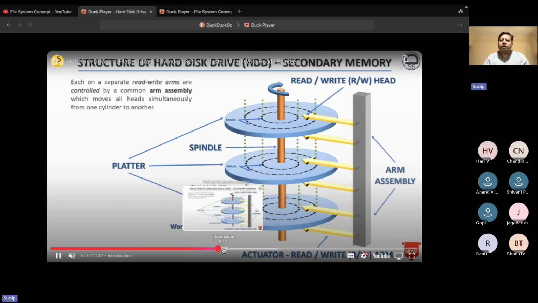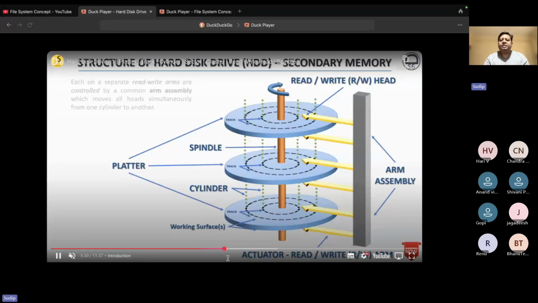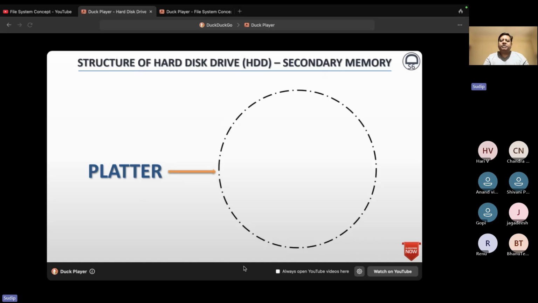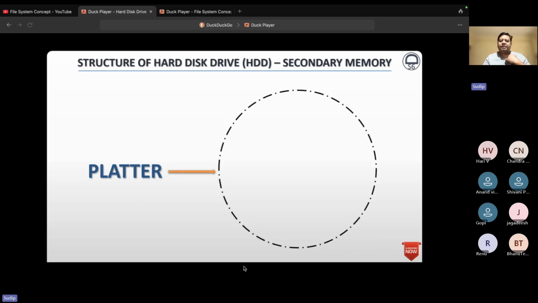And what the actuator arm does is it identifies which cylinder, which track, and which sector to read or write information from.